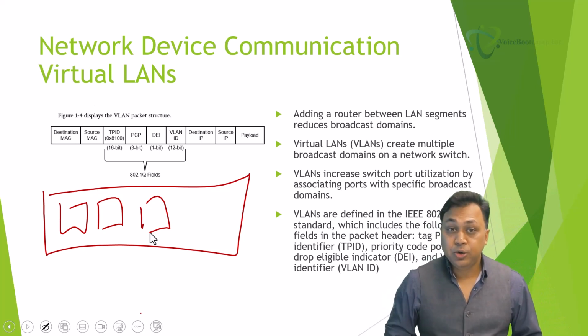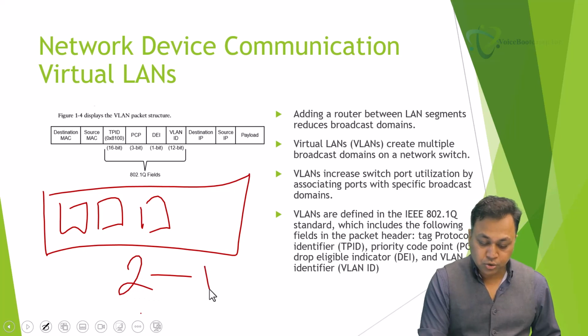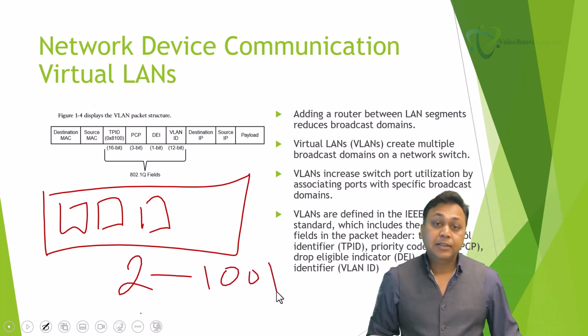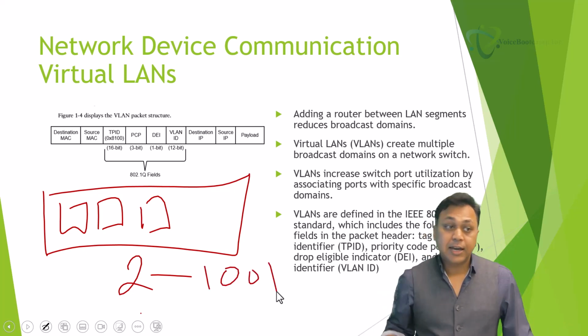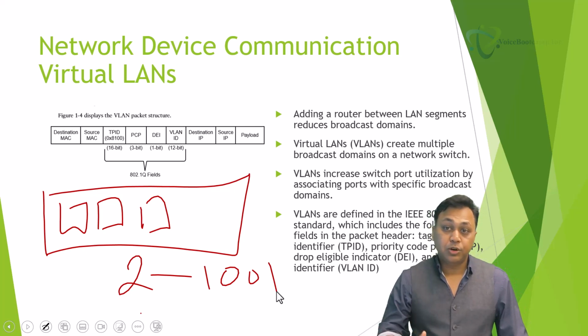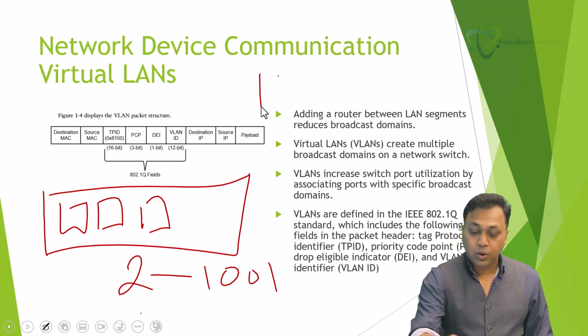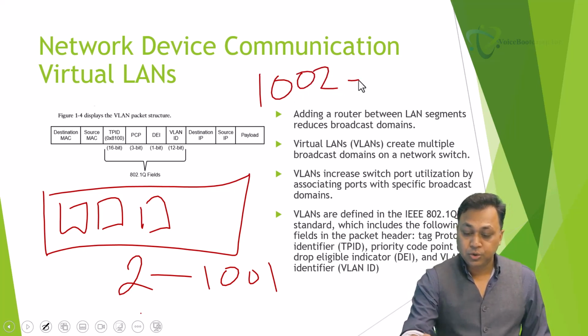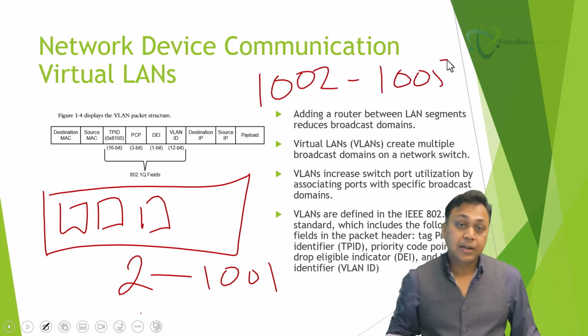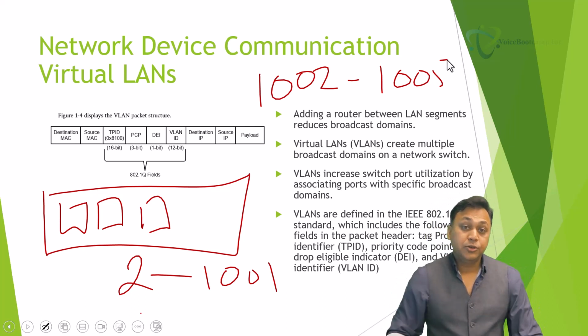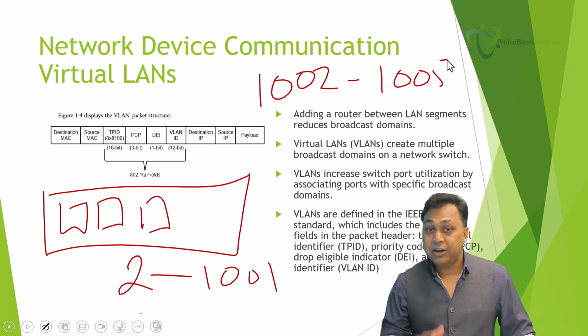Then you get VLANs 2 to 1001. These are the normal VLAN range and can be added, deleted, and modified as necessary. Then VLANs 1002 to 1005 are reserved and cannot be deleted from your switch.